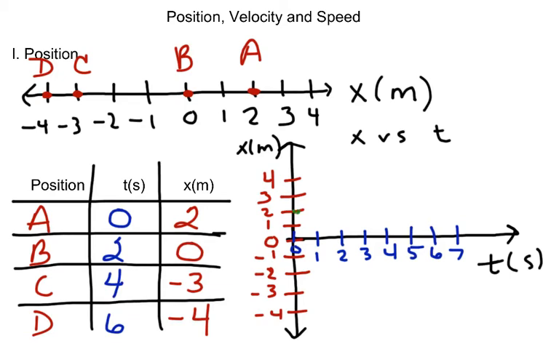So that happens right here, and that's A. And there's B, there's C, and lastly, there's D. And in connecting the points, we have a graph that looks something like this. So here's your graphical representation of position versus time.